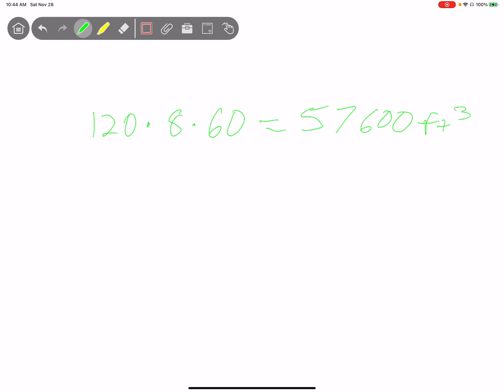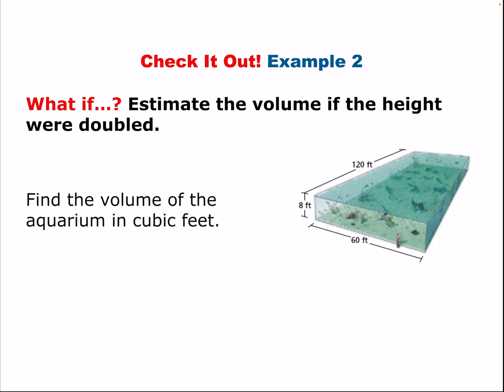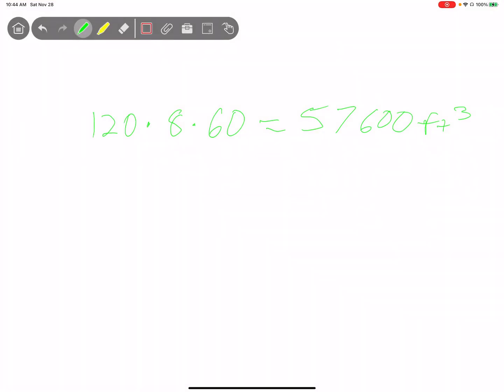Well, if I go back and I look at the height, it was 8, right? Here's the height of 8. I'm going to double that. It says estimate the volume if the height were doubled. What do you think happens if the height is doubled? Well, if the height's doubled, guess what's going to happen?